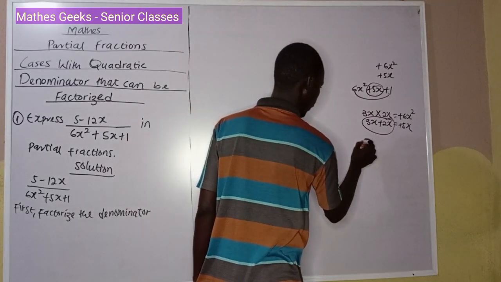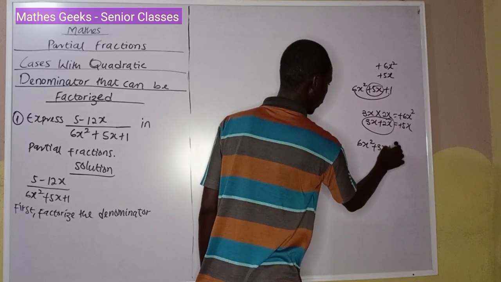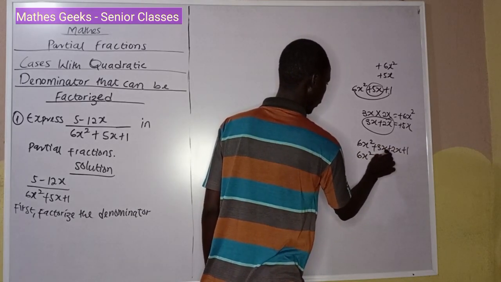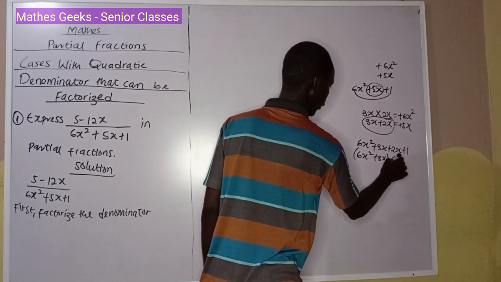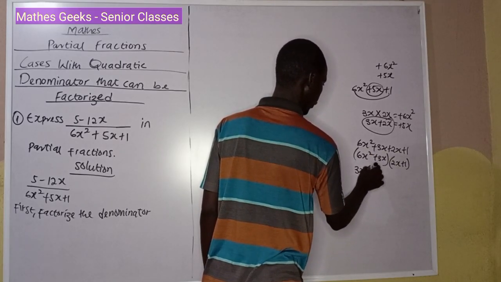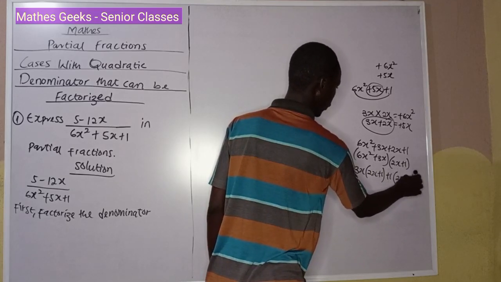So this will give us 6x squared plus 3x plus 2x plus 1. 6x squared plus 3x, and 2x plus 1. So 3x times 2x plus 1, plus 1 times 2x plus 1.